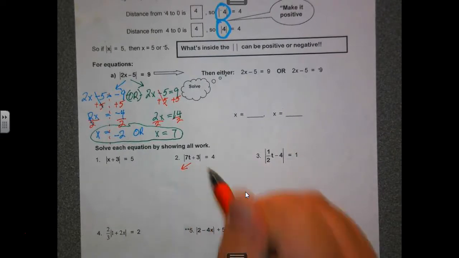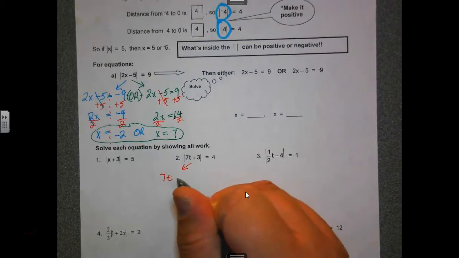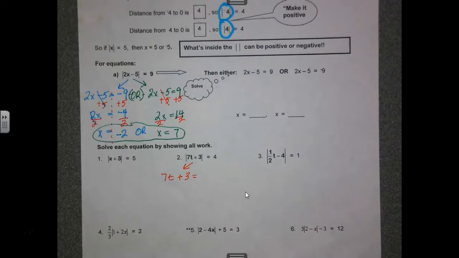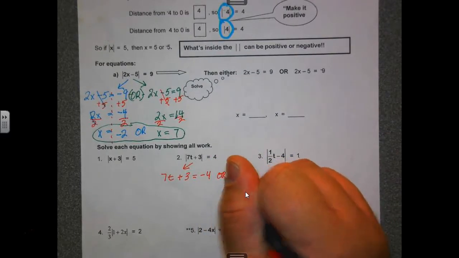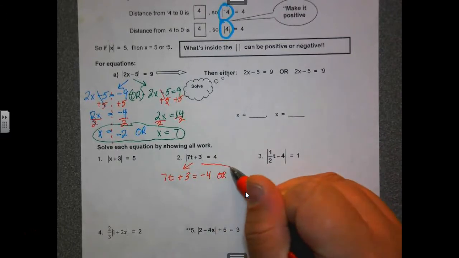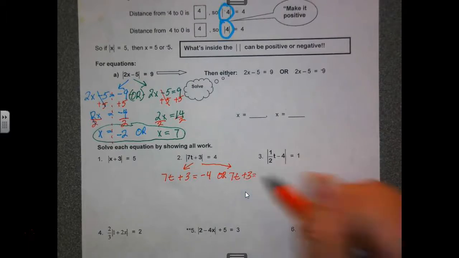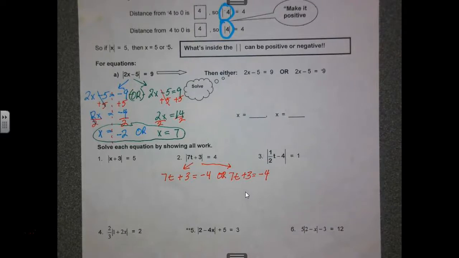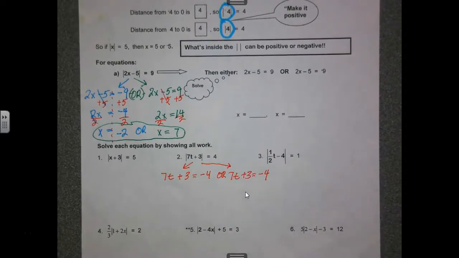Okay, you take what's inside, 7t plus 3 equals, and again, I always put my negative number first. You can do it either way. Or take what's inside, 7t plus 3, set it equal to the opposite of what's there. And I say set it equal to the opposite of what's there because you could have a negative number there, maybe. We'll get into that in just a minute.